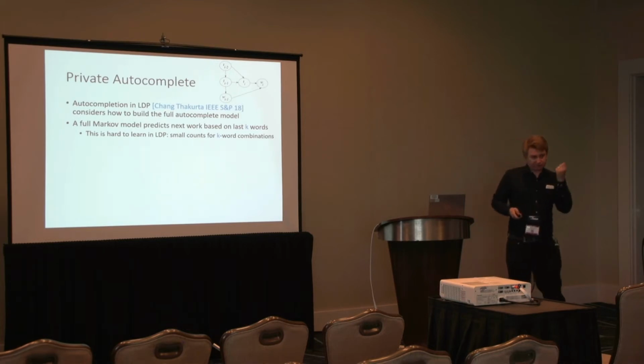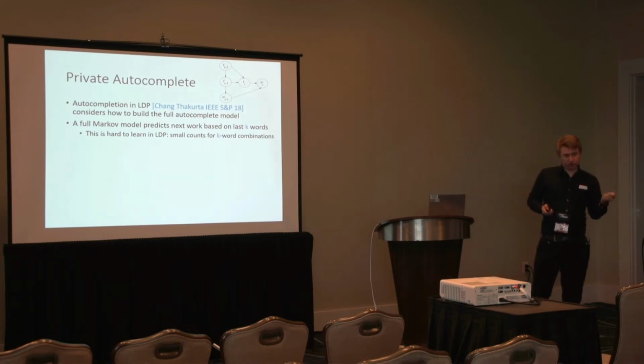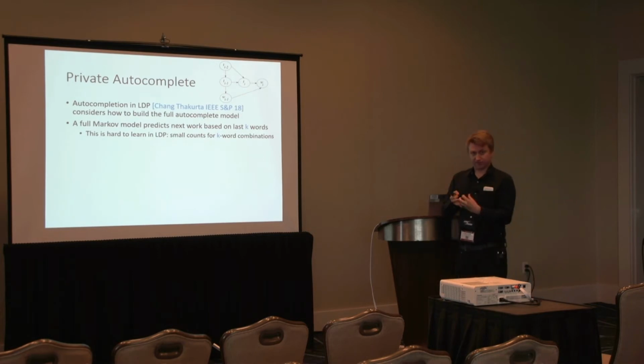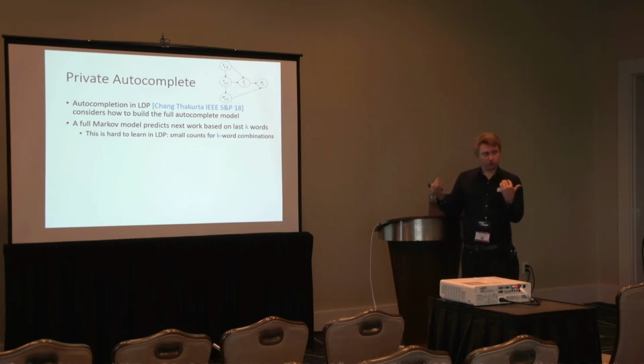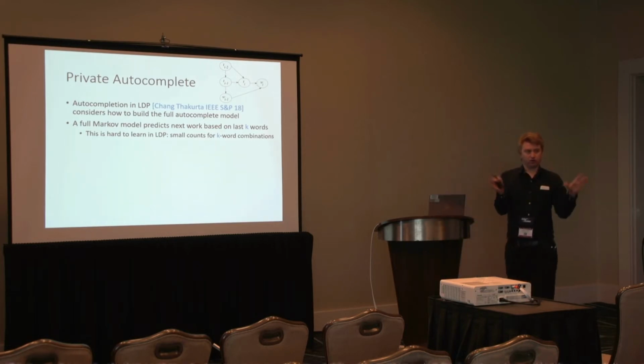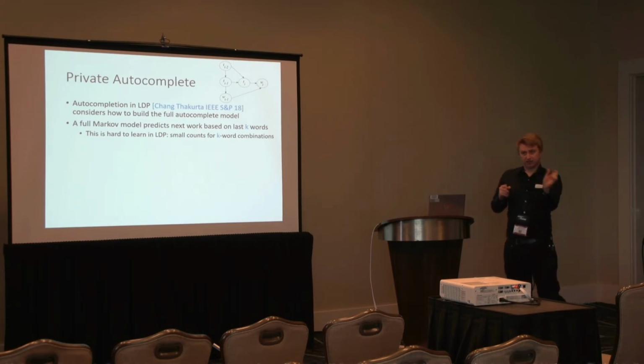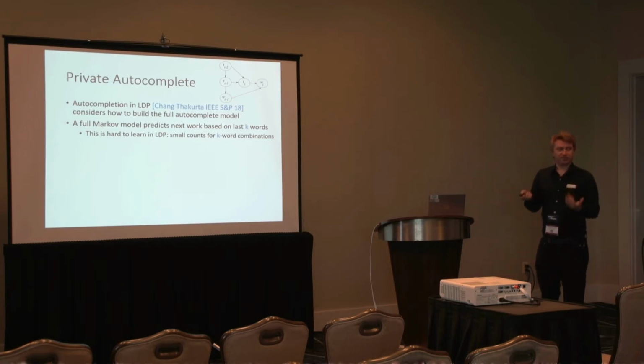So what's interesting is this is the right thing to do without privacy. It's the wrong thing to do with privacy. Because if you're thinking about learning these statistics, then you have very small support. Right? If you look over your population, even if you've got hundreds of thousands or millions of users, if you look at the order K combinations of words, you have maybe only a couple of examples.